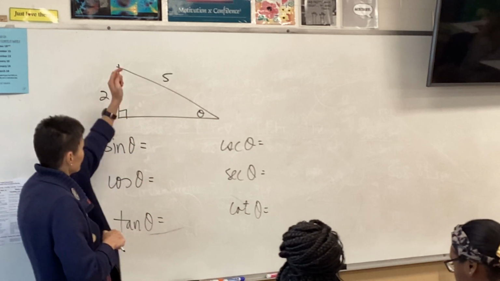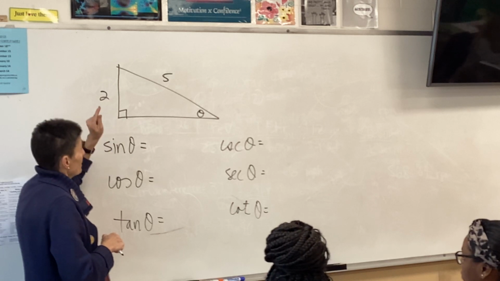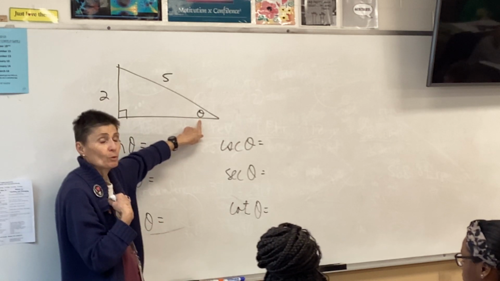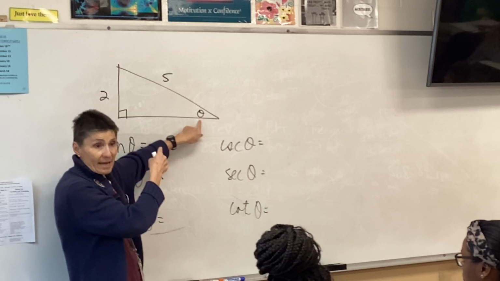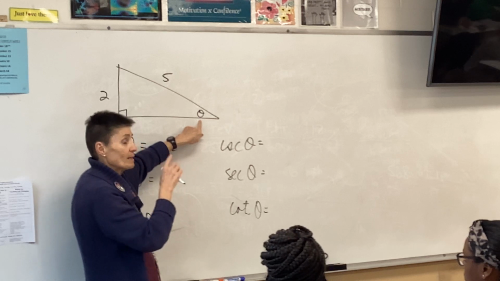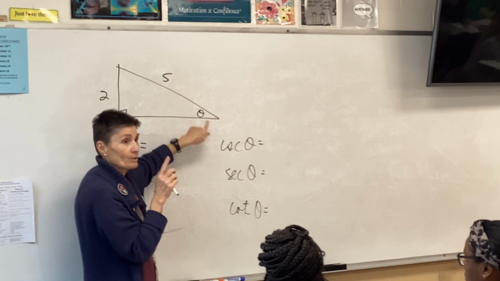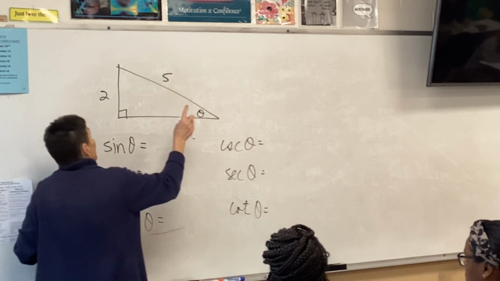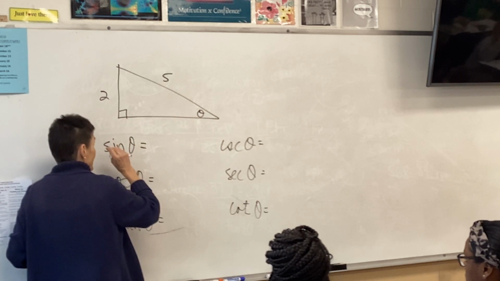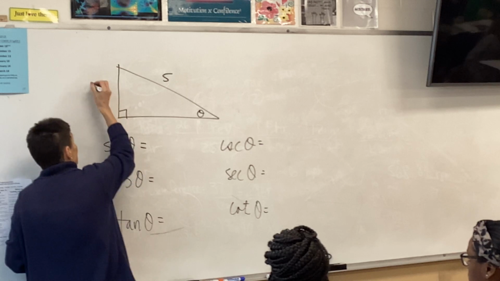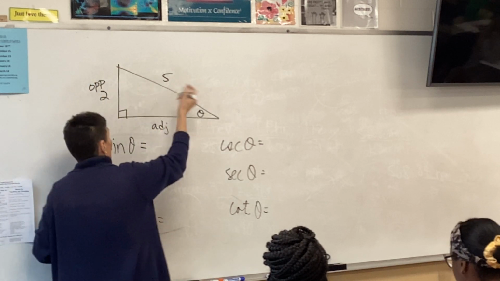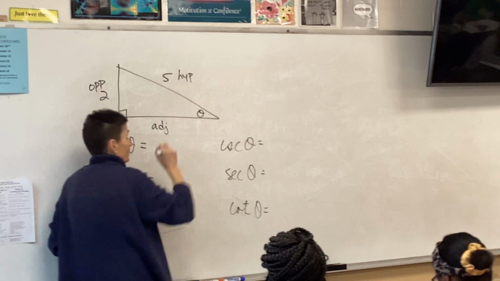Now, the placement of this angle, which I don't have a choice, that's the angle drawn in the picture, is very important because wherever that angle is determines which sides are opposite and adjacent. The hypotenuse is the hypotenuse regardless.